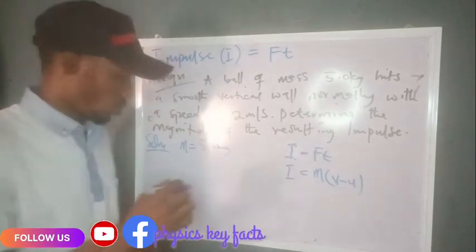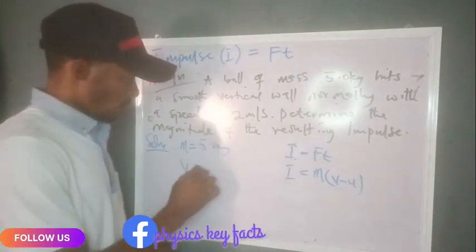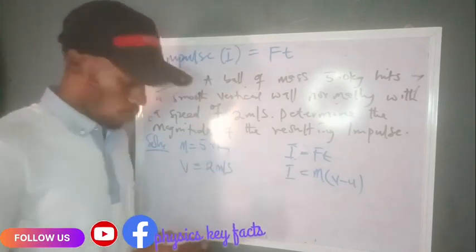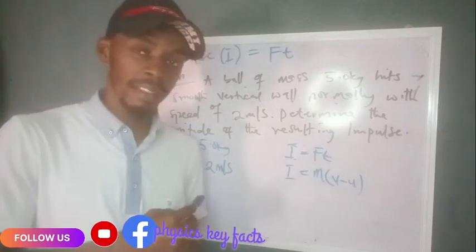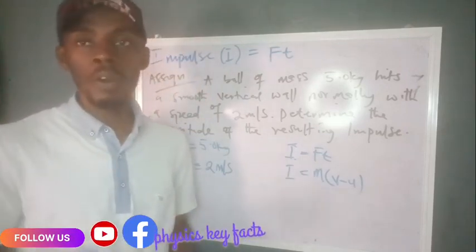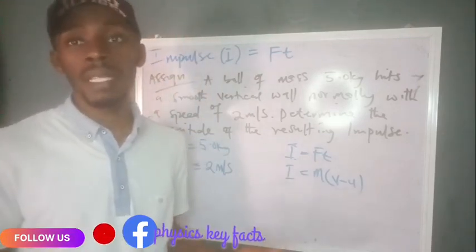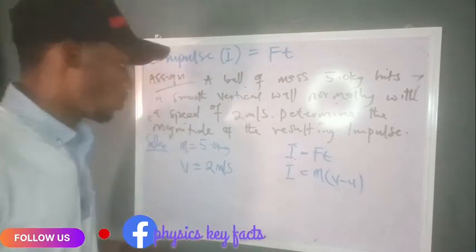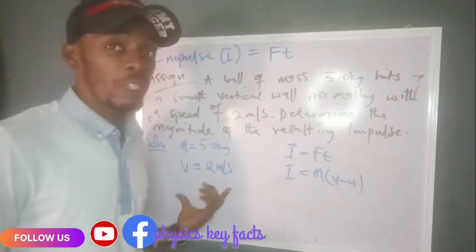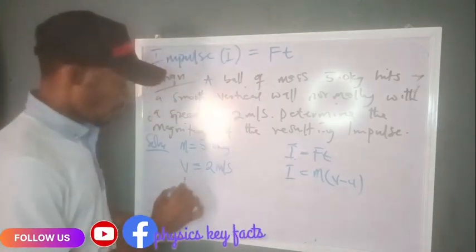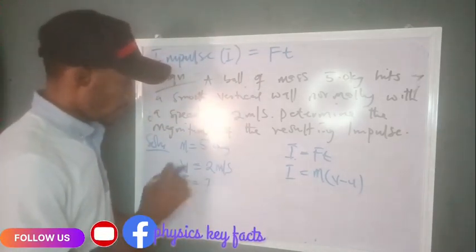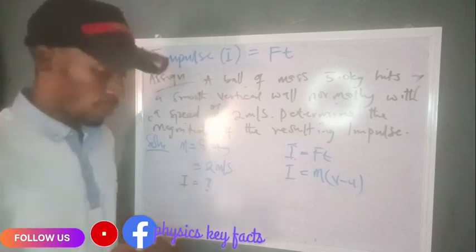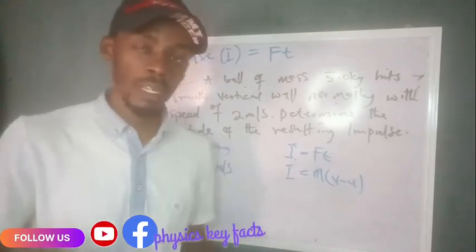So speed is given to us, which is velocity, but we don't know if this is an initial velocity or a final velocity. What we are looking for is I, impulse.